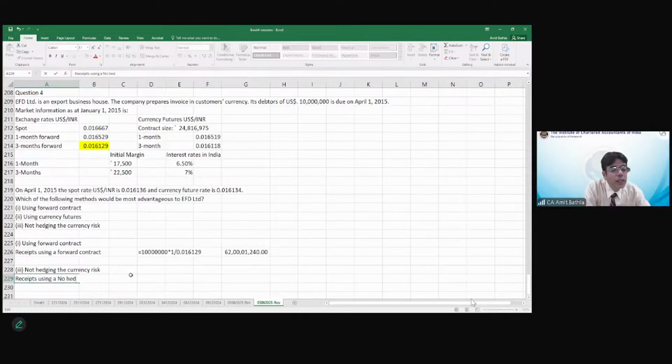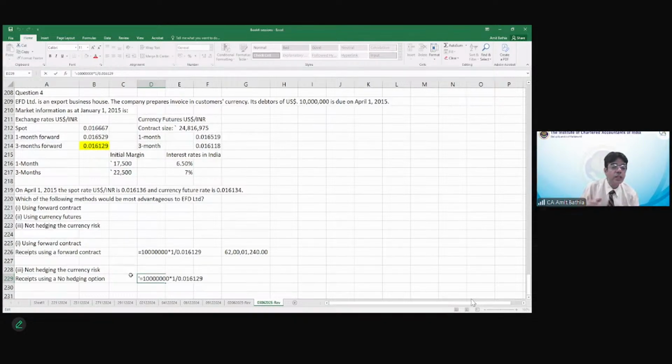So the no hedging option. Now, of course, in the examination, if you want to do the second option first, you have that choice available with you. I am doing it this way so that from an examination perspective, it helps me. But again, each one to his own. If you think my option makes sense to you, you may follow it. Otherwise, you are the best judge of what you want to do.